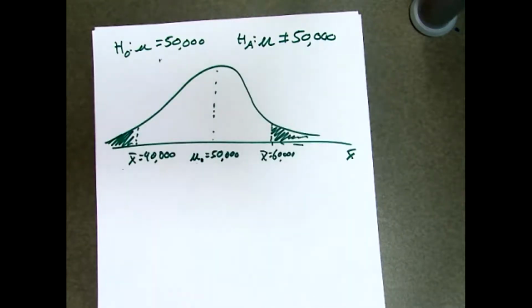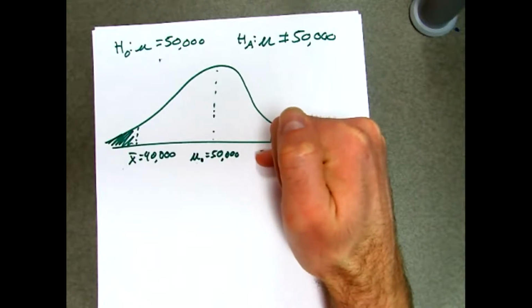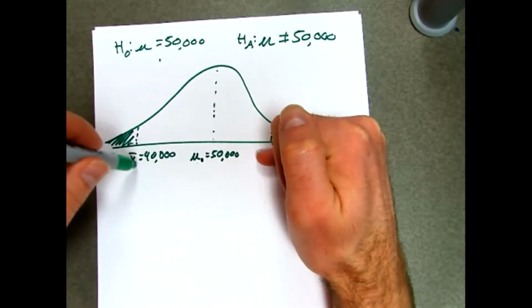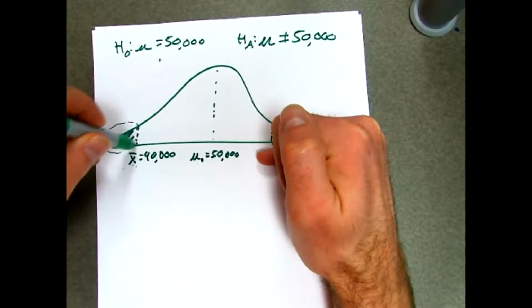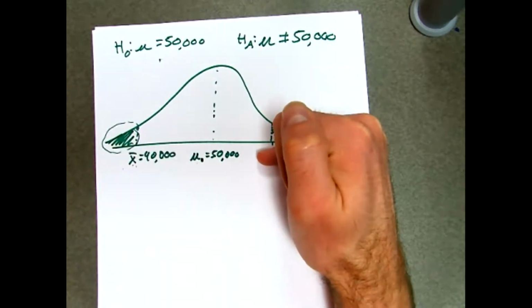Now for a two-tailed test, in practice, I'm only seeing one sample mean. I'm only taking one sample and using that. So I'm only going to see this sample mean, and I can find the probability I saw the sample mean I did, or anything even more inconsistent with the null, and I can find this area.